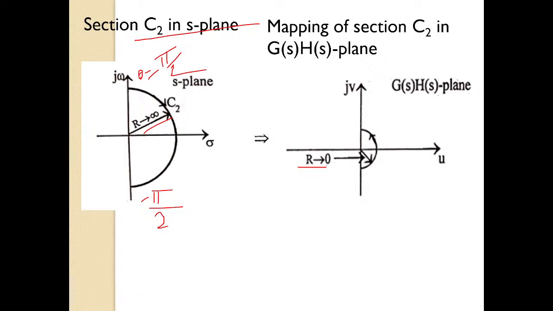Now theta varies from minus pi by 2 to plus pi by 2 with radius 0. So earlier it was varying from plus pi by 2 to minus pi by 2, the contour was in clockwise direction. Now it will be in anti-clockwise direction from minus pi by 2 to plus pi by 2. So this is our contour.